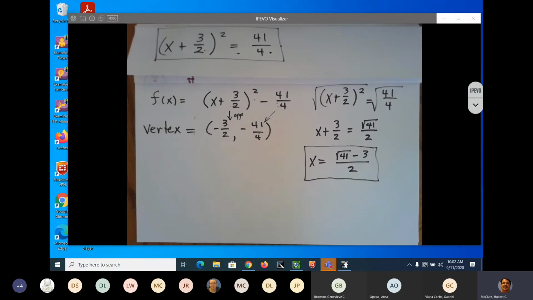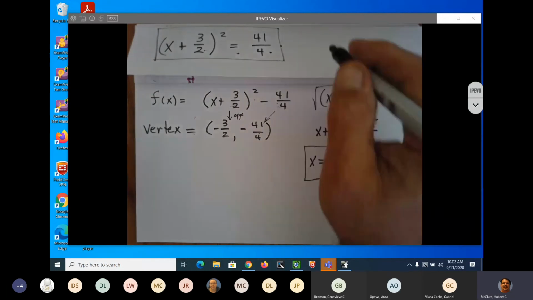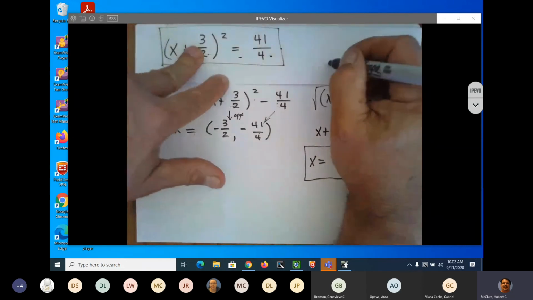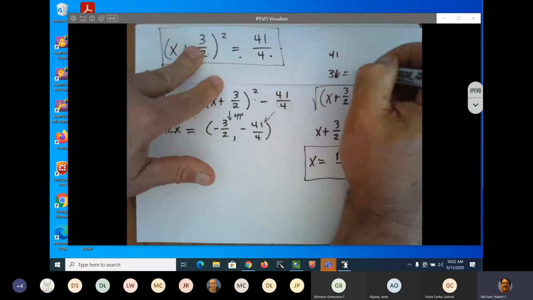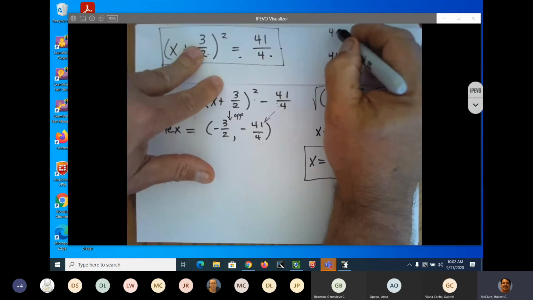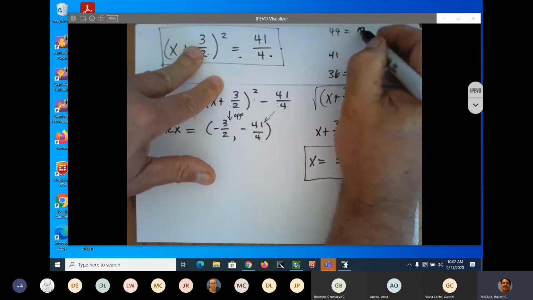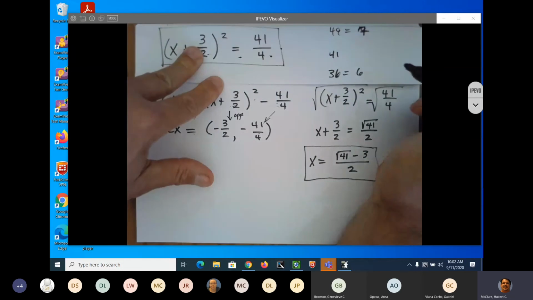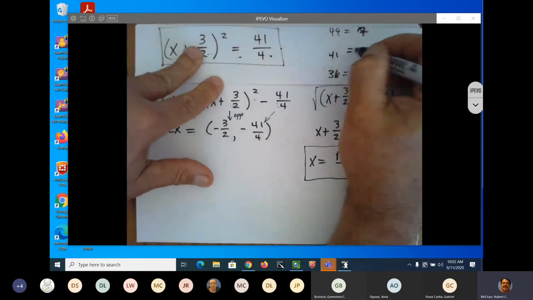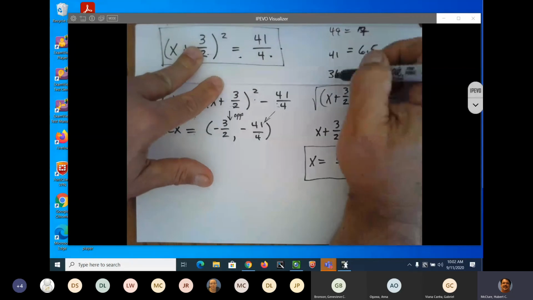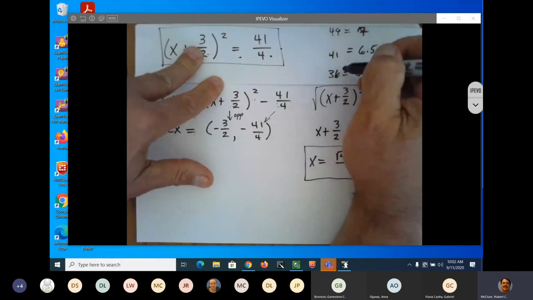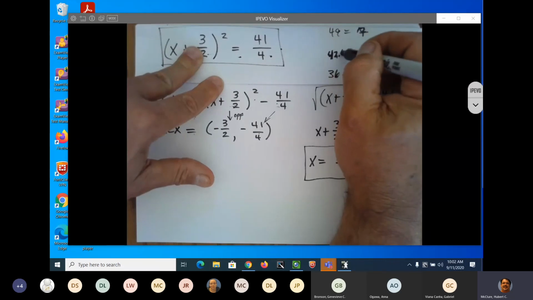So 41 is between, let's see, 36, which is 6 squared, and 49, which is 7 squared. We know that the middle of 6 and 7 is 6.5. So what's the middle? 36 to 49 is what, 13? Half of 13 is 6.5. That'd be 42.5 in the middle.